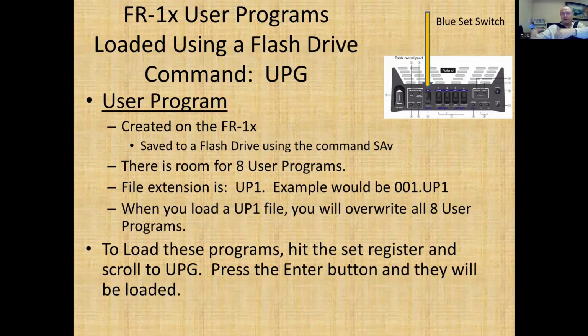I'm pointing at my accordion like you see me, a little square there on the screen. The blue switch, and then you would get into the parameters list and you would go to UPG, the command UPG. This is going to load your user programs from a flash drive into the FR-1X.